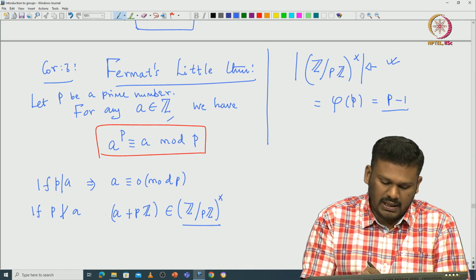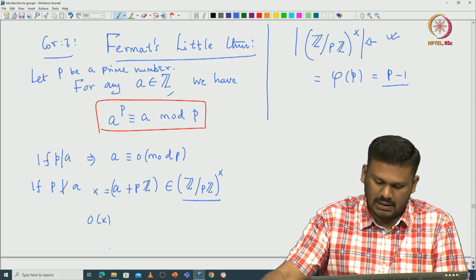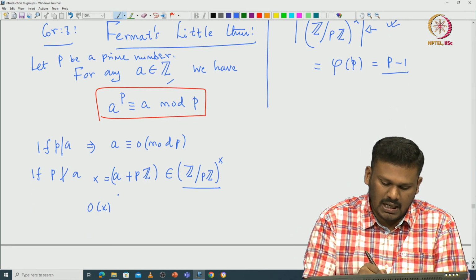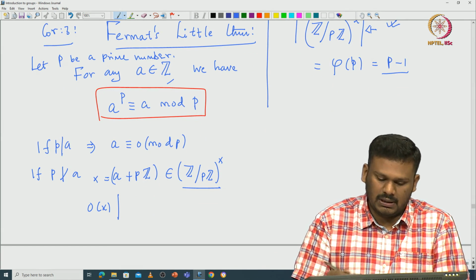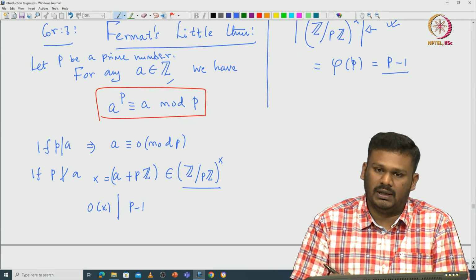Now if you take this x, what will be the order of x? One can easily see that the order of x must divide the order of the group, but the order of the group is p minus 1.